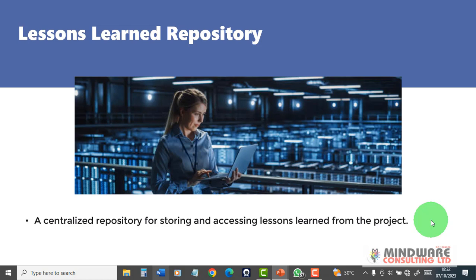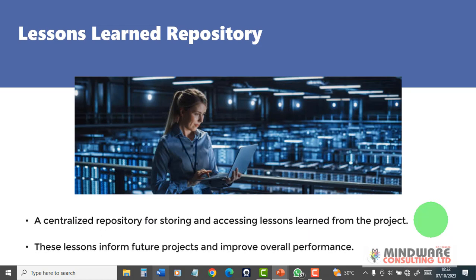These are a bunch of information and data from lessons learned, lessons learned from previous projects. So these lessons from previous projects inform future projects, and of course they help to improve overall performance.